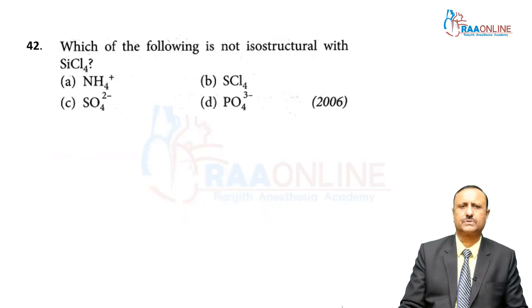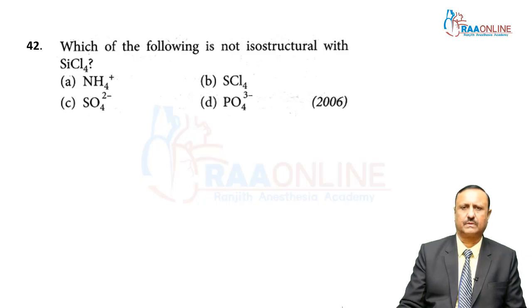Now we can go to question number 42. Which of the following is not isostructural with SiCl4? Here the answer is SCl4. Why?